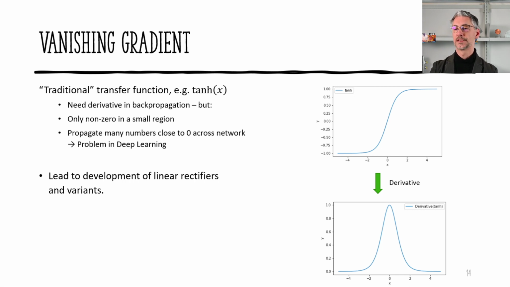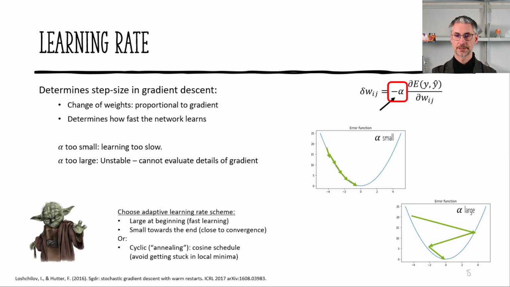However, it is non-zero in only very small regions, and it worked well at the time. However, this is a problem in deep learning because we have now so many deep layers in our deep neural network. So very often we propagate numbers that are very close to zero. And this led to the development of all the other, more modern activation functions.